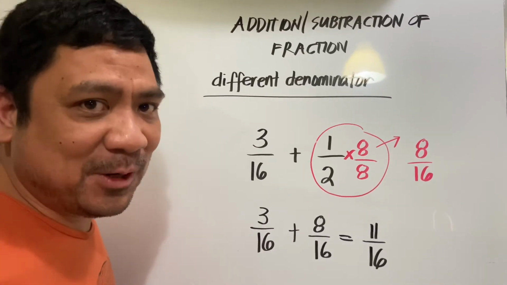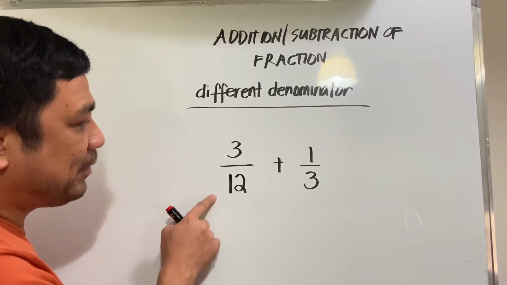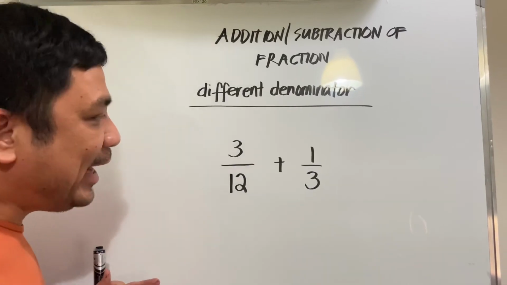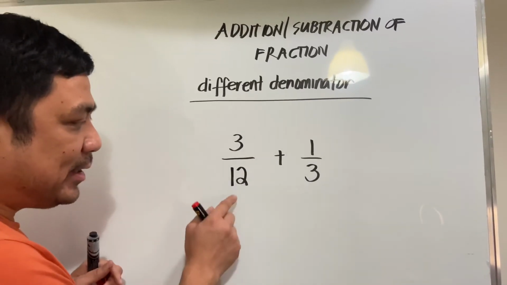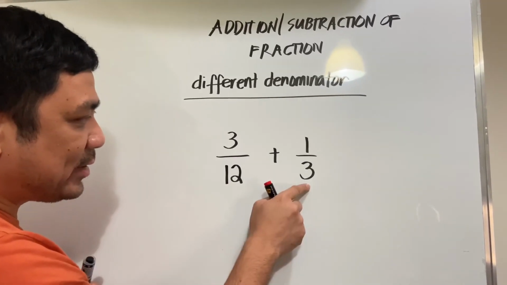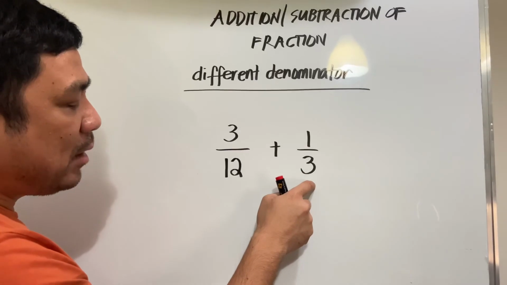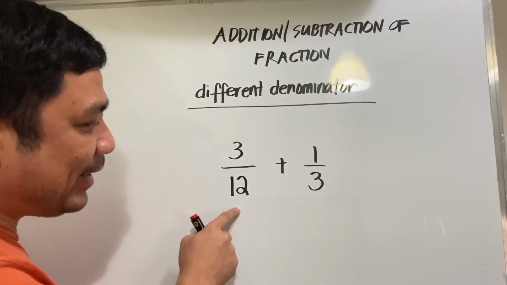One more example. Another example here, we have 3 over 12 plus 1 over 3. Again, if you don't like to get the least common multiple or least common denominator, this is the largest denominator, this is your smaller denominator. What should be multiplied with 3 so that you'll get 12?